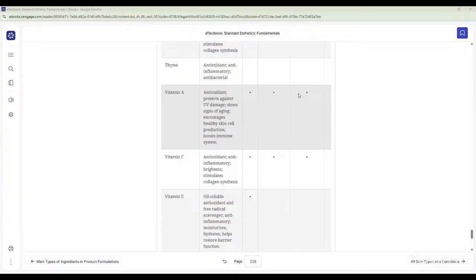So it is essential for all skin types, and all of the vitamins are essential as well.